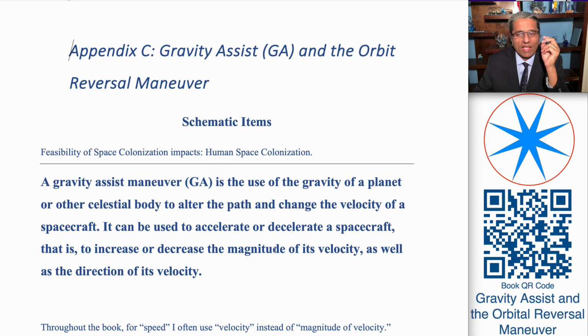However, falling into the gravity well of a planet can actually increase the velocity of the spacecraft. When it exits, it'll have a greater velocity than it started out with.